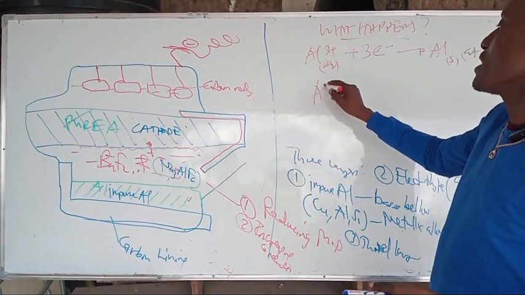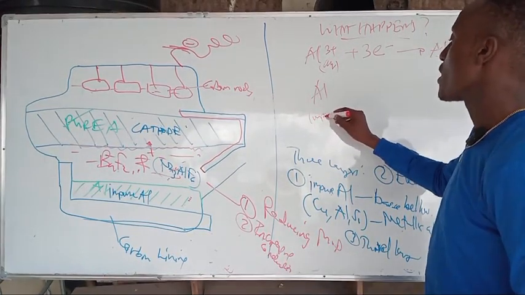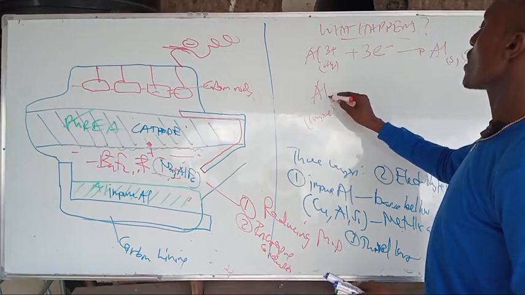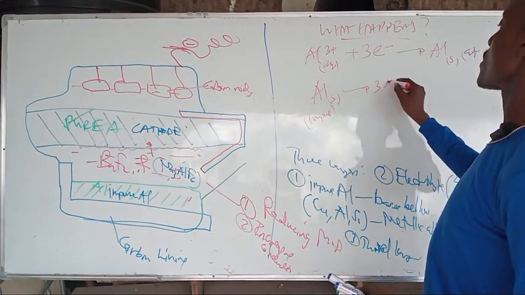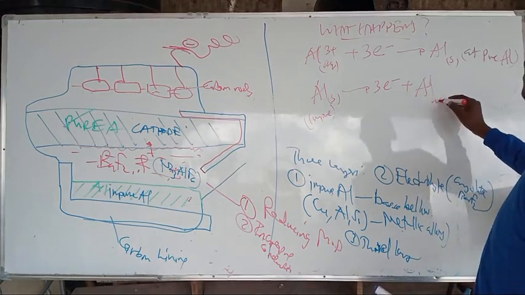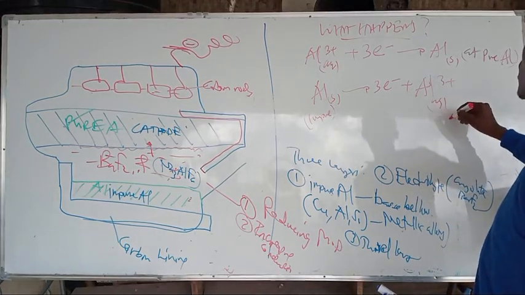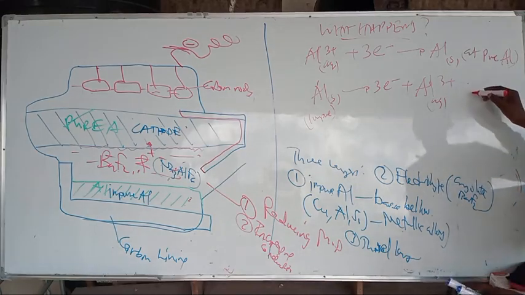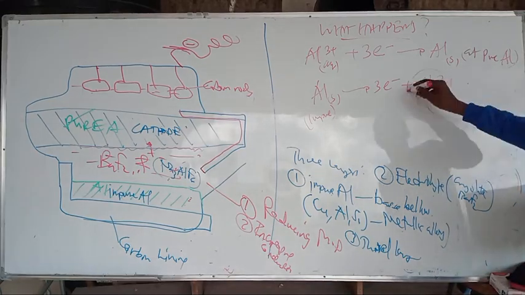So we say the aluminium, which is impure, breaks down into 3 electrons and aluminium ions, which are aqueous. This is the impure aluminium. These are the ions.